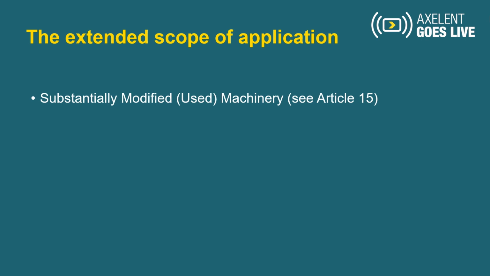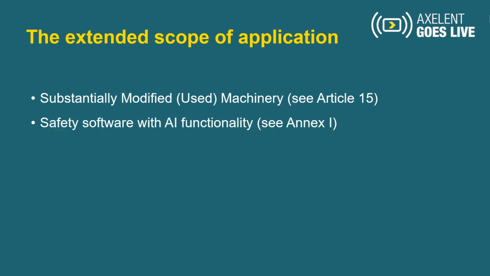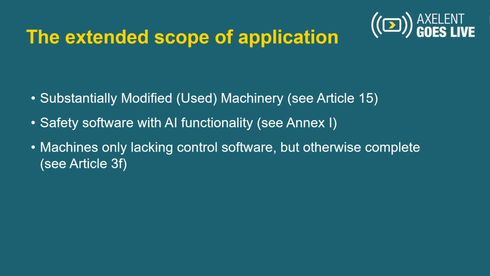And the new regulation also applies to safety-related software, like control systems for autonomous vehicles and robots. And if this software includes artificial intelligence, so-called AI functions, it will even need certification by a testing agency. And then there's a third change, which actually closes a loophole. Machines only lacking control software will in future have to be CE marked.